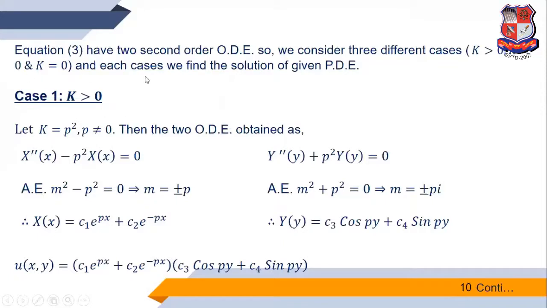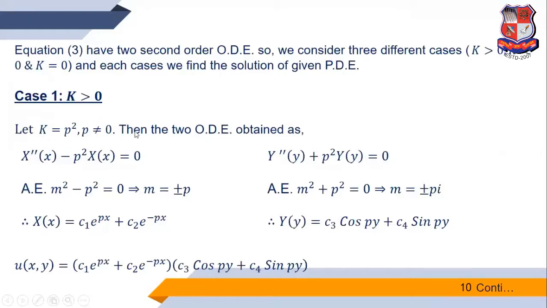So first we consider k greater than 0. So let us take a value which is always greater than 0, so we can take a square, b square. Here we consider p square. So k is equal to p square. P square is always greater than 0, where p is not equal to 0.